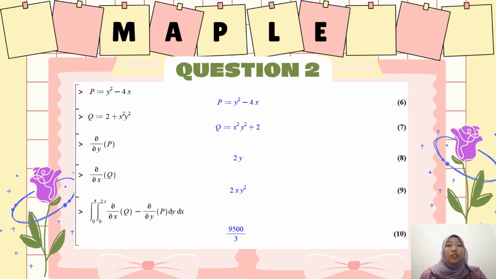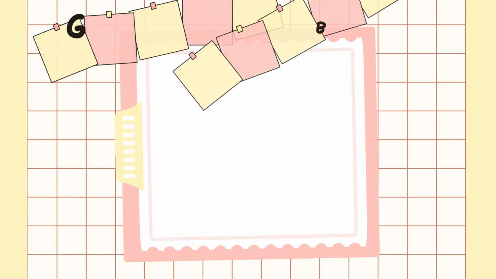After we differentiate both equations, we integrate using the limits for x and y that we get from the question. We also integrate using the Green's theorem formula. So, the final answer for question 2 will be 9,500 over 3.